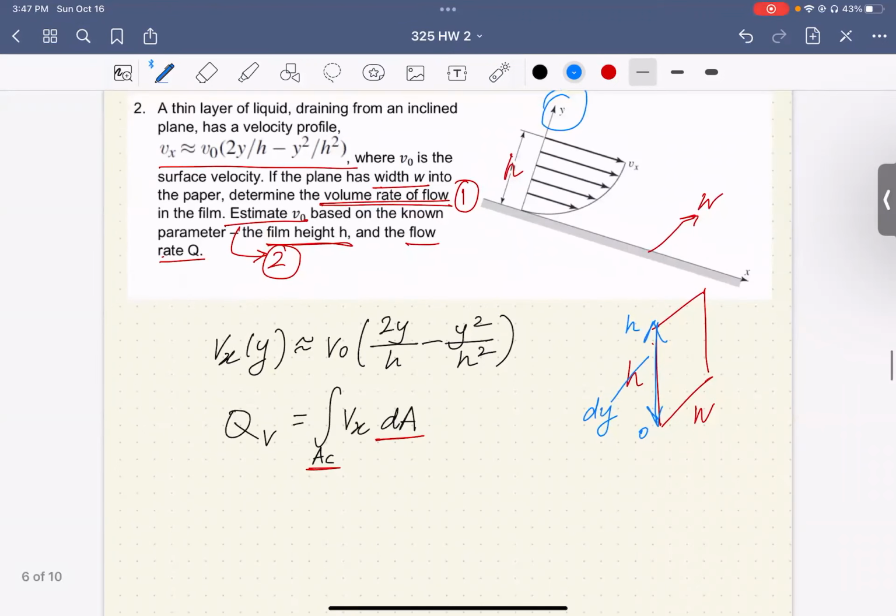By now you should be familiar: the velocity profile does not change with the width.